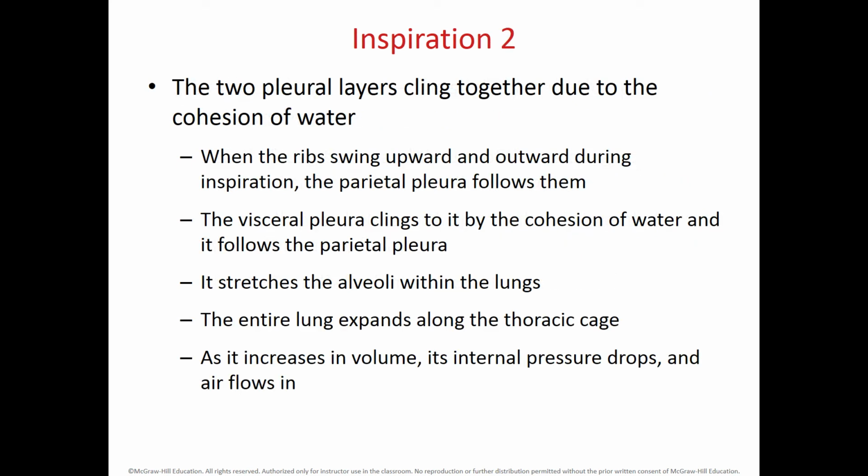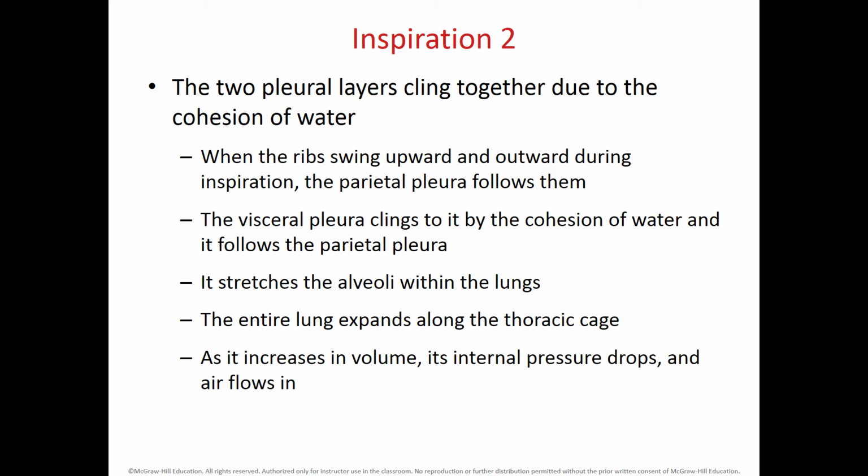Now, the two pleural layers will tend to cling together due to the cohesion of water. But when your ribs swing upward and outward during inspiration, the parietal pleura will follow them, and then the visceral pleura will stay close to the lungs, and it will help in stretching the alveoli within the lungs.